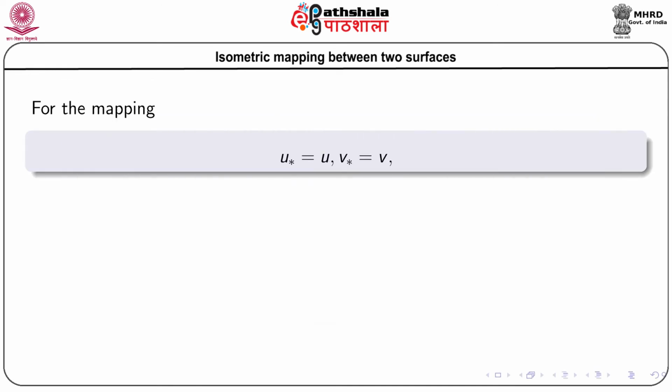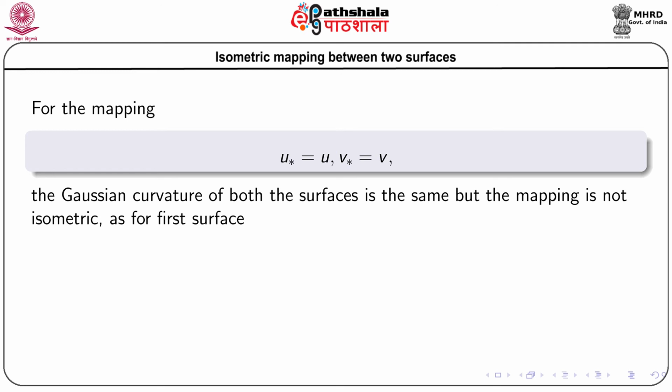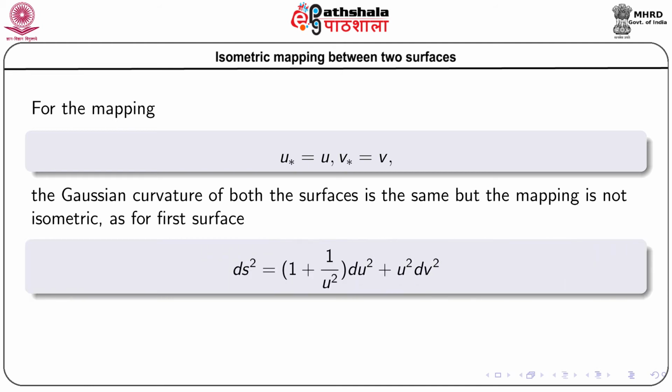So, for the mapping u star equal to u and v star equal to v, the Gaussian curvature for both the surfaces is the same, but the mapping is not isometric, because for the first surface the first fundamental form is coming to this one, (1 plus 1 by u square) du square plus u square dv square.